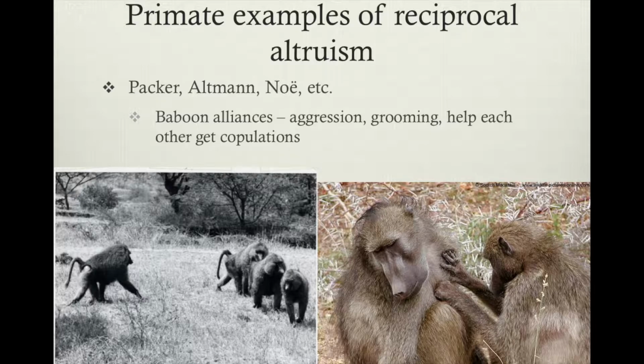And so when the highest ranking male is distracted by these other males who are harassing him, the male who's interested in mating with a particular female is able to sneak off and copulate with her without the highest ranking male knowing.